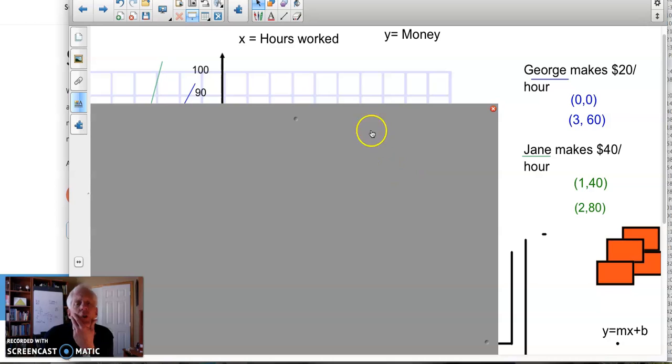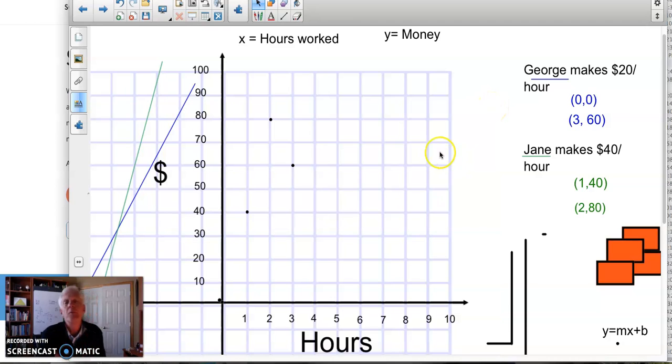So let's put all this on a graph. How would that look? Let's take care of George. George is the blue line. Since we've given letters to how many hours he works and how much money he gets, we can put it on a graph. We can put the 0 hours and 0 money right down there, and the 3 hours of work and $60 right there at 3 and 60.